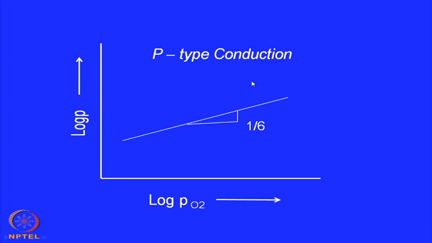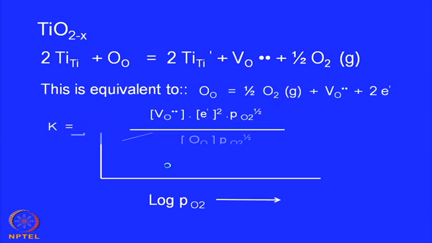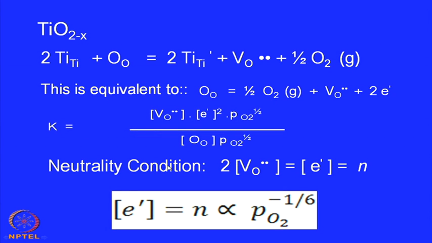So this is a P type conduction, and of course this slope may change, sometimes it is 1/6, sometimes it is 1/4, sometimes it is 1/8 and so on, but positive means it is P type, as the log concentration of the different defects increases as PO2 increases, which indicates that it may be a P type semiconductor.